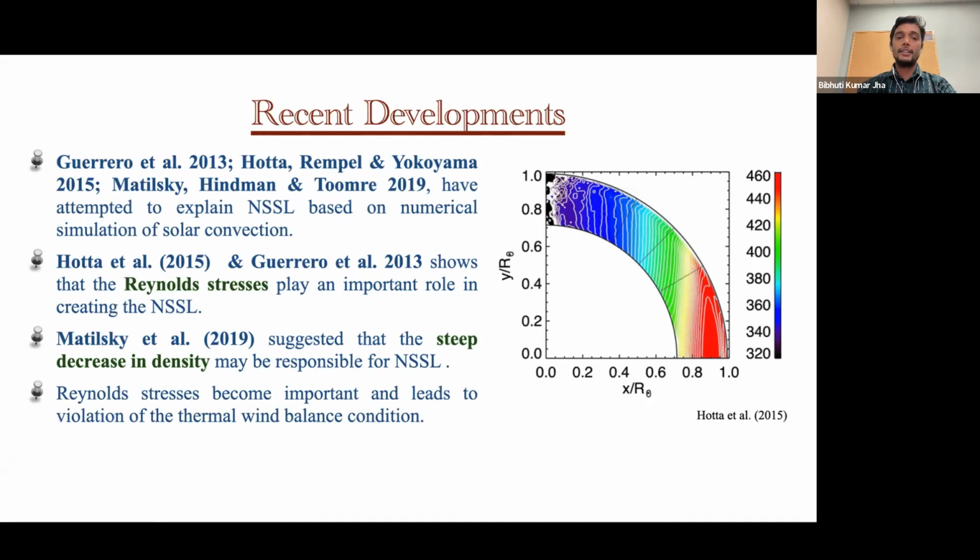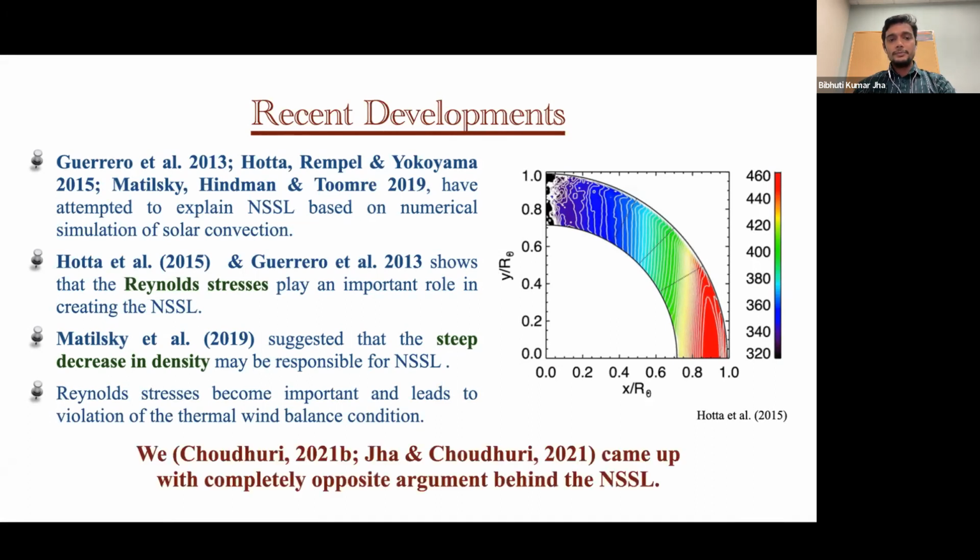But there is another work by Chaudhuri in 2021, where based on an order of magnitude calculation, we have shown that there is an alternative explanation for the NSSL without the role of Reynolds stress, and actually the thermal wind balance equation is valid, and that can itself give rise to the NSSL. So that is the idea behind this talk today.